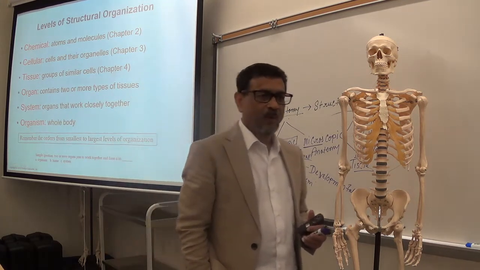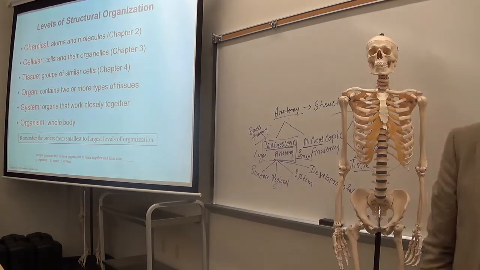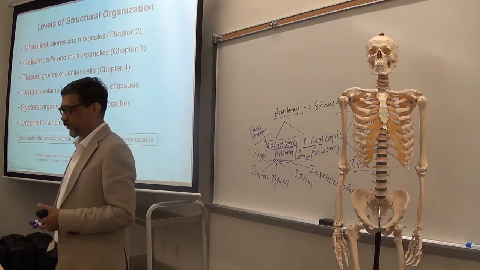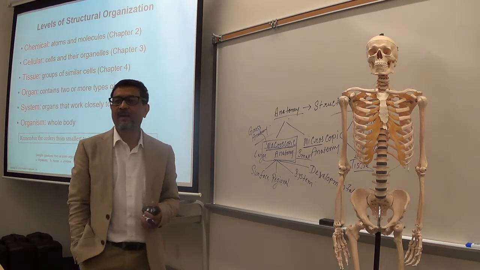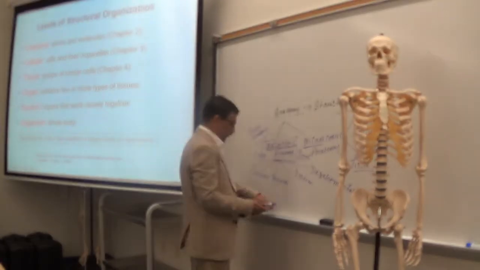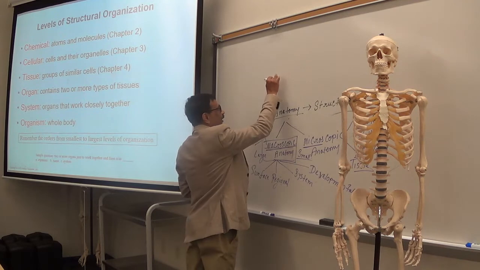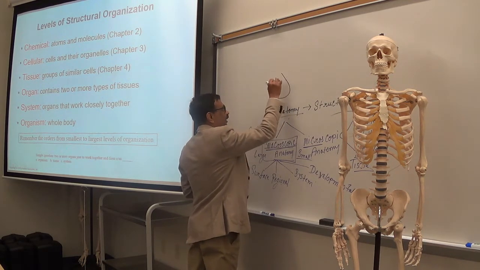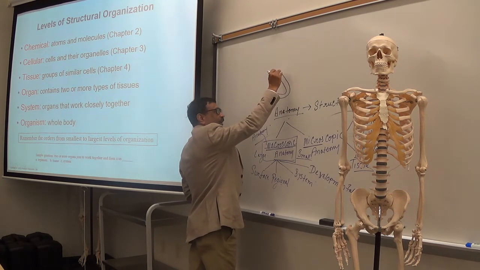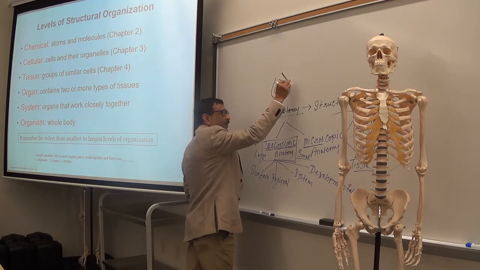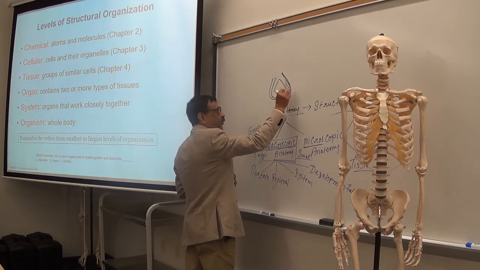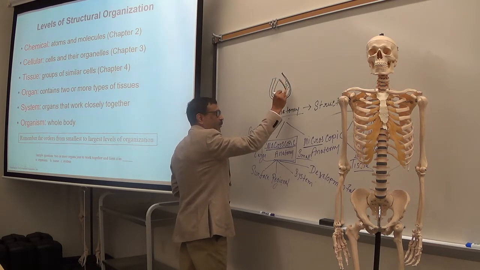Then, if you go one step higher, that is the organ. Two or more different tissues together form an organ. Your heart is an organ. So this is the heart, okay? Now, if you see the wall of the heart, you have the outermost layer which is connective tissue, then the middle thick layer is muscle tissue, and the innermost layer is epithelial tissue.